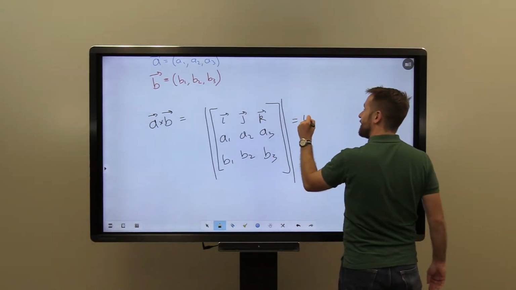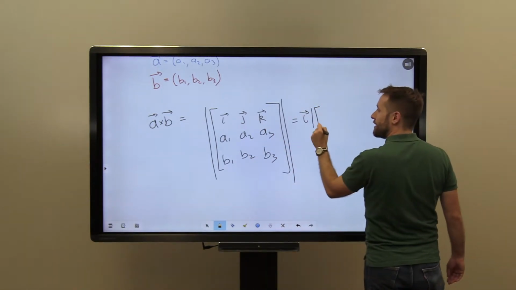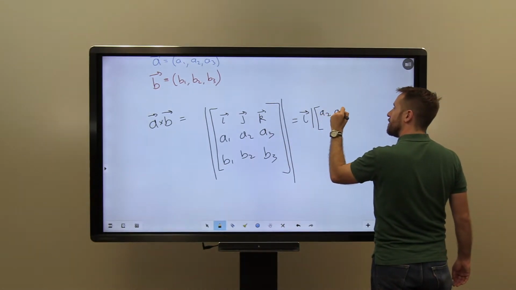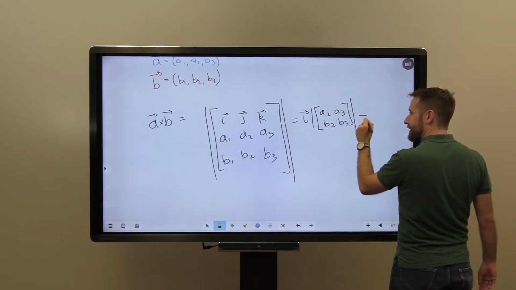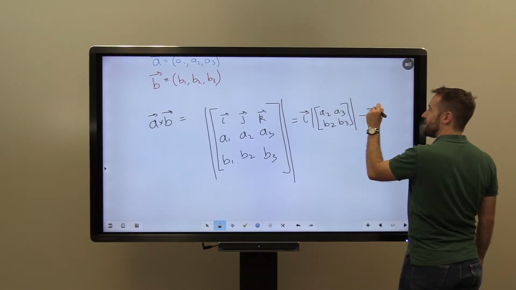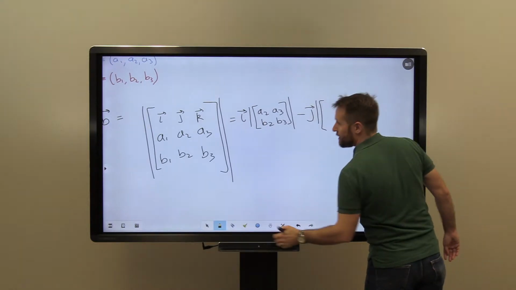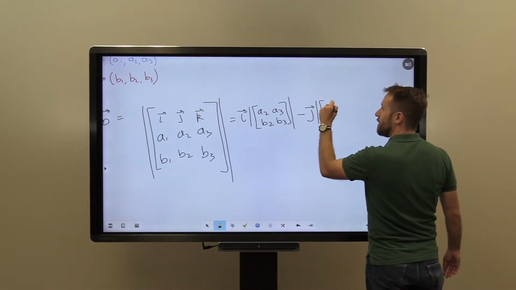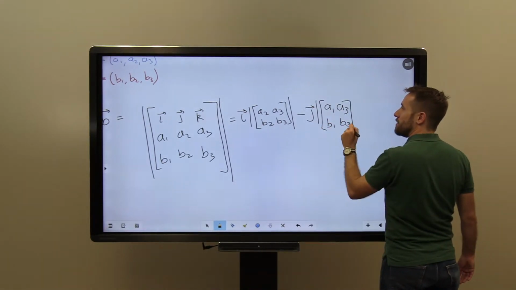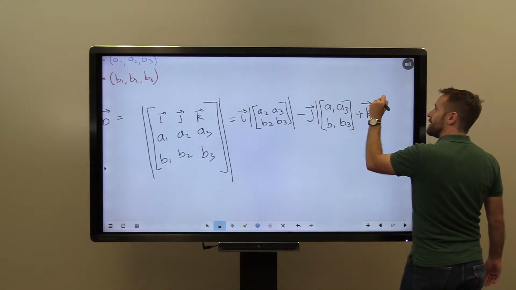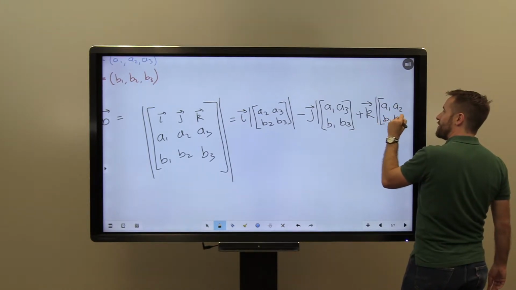So we're going to take i times the determinant of the smaller 2 by 2, that will be i times A2, A3, B2, B3, minus the middle entry j times the determinant of A1, A3, B1, B3, plus k times the determinant of A1, A2, B1, B2.